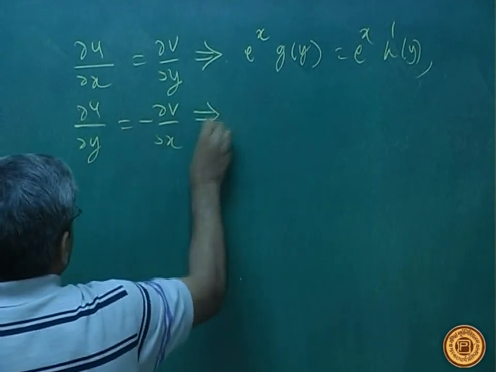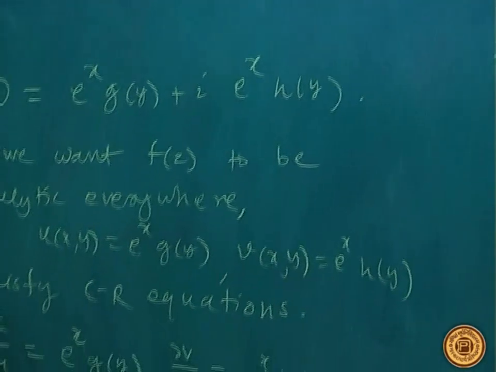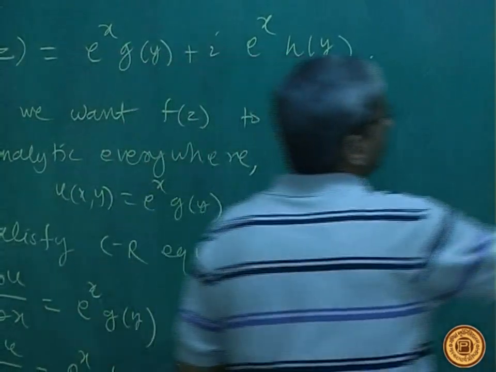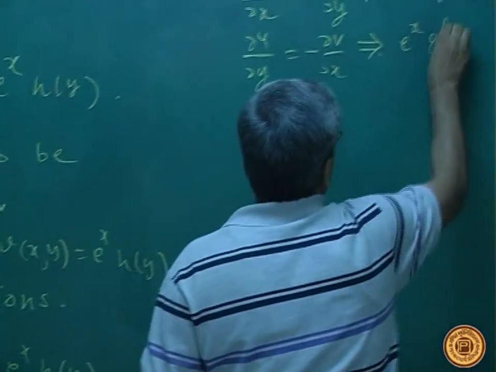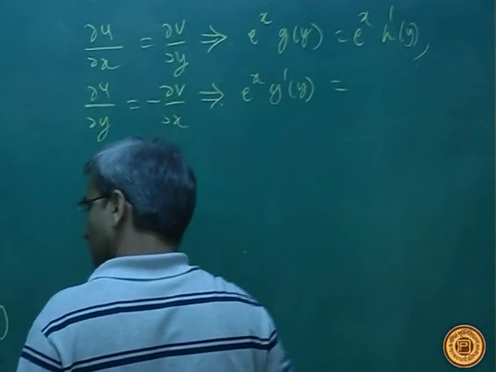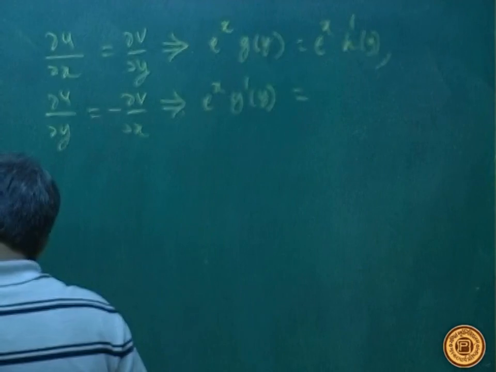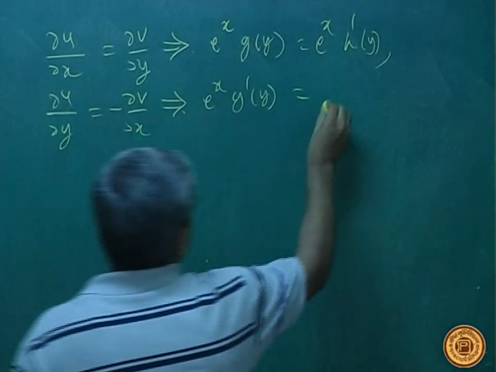This is the other Cauchy-Riemann equation that gives e^x g'(y) = -e^x h(y).